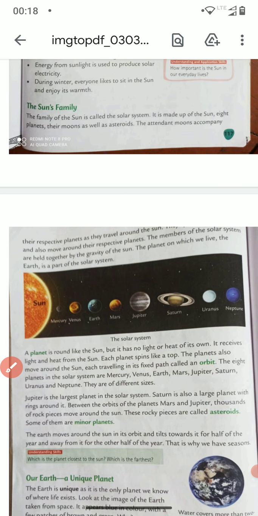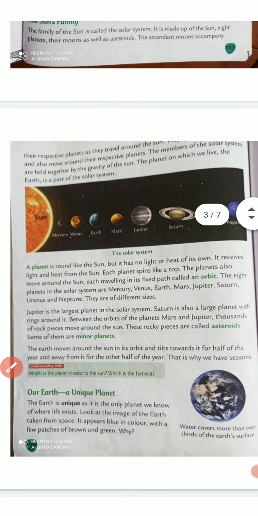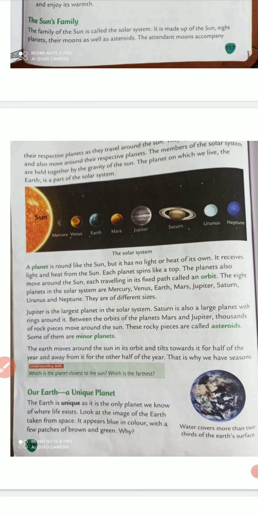A planet is round like the Sun, but it has no light or heat of its own, like Earth. Earth is round like the Sun, but Earth doesn't have its own light or heat. We receive light and heat from the Sun, right?